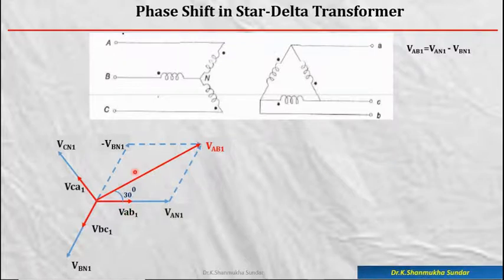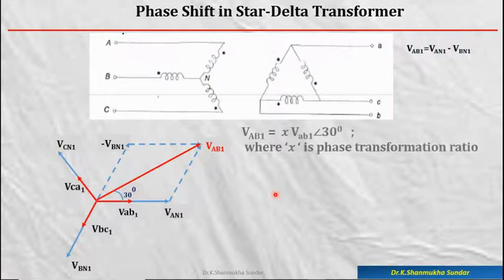Okay. So from this one, how can we write? Vab1 is lagging behind the star side quantities, or the star side quantities will be leading with respect to delta side quantities by 30 degrees. In either way you can represent it. So we can represent VAB1 is equal to, because it is leading by 30 degrees, VAB1 is leading this Vab1 by 30 degrees.